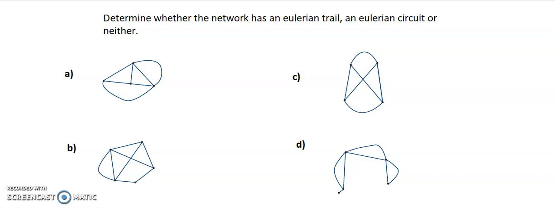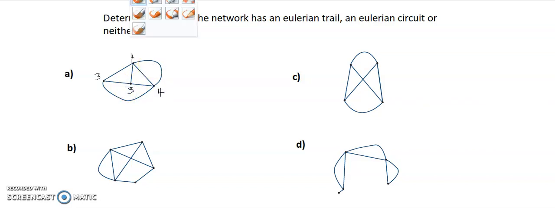Okay, you should have had plenty of time to check. The first thing I always think about doing is looking at the degrees each vertex has. So this vertex has 4. This vertex has 3, 3, and 4.